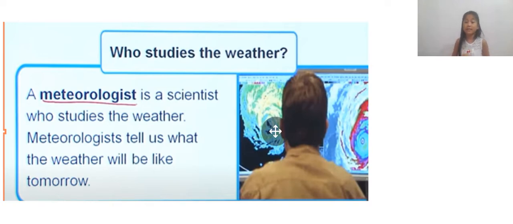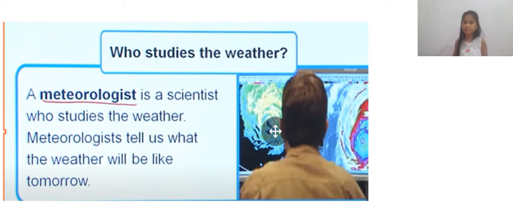A meteorologist is a scientist who studies the weather. These people tell us what the weather will be like tomorrow. Tomorrow is Saturday, right? Tomorrow you can have windy weather or other weather like sunny, rainy, or cloudy weather.